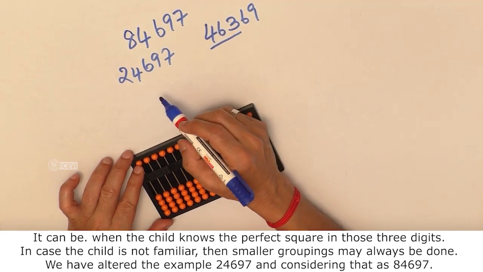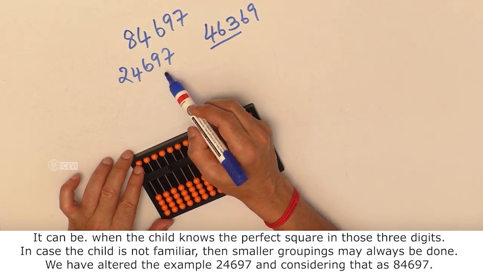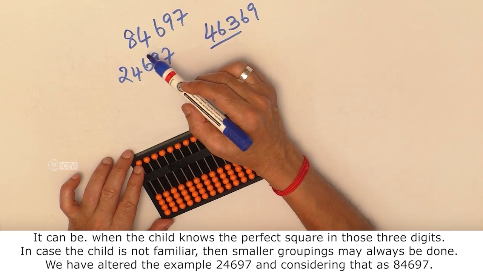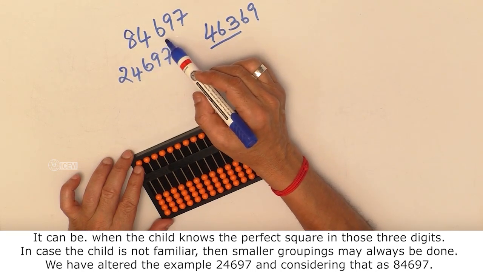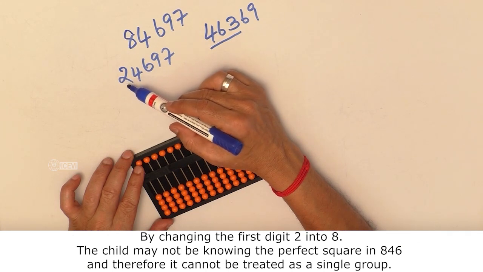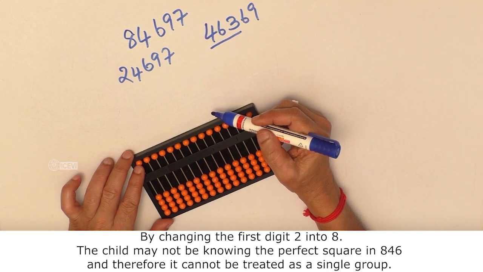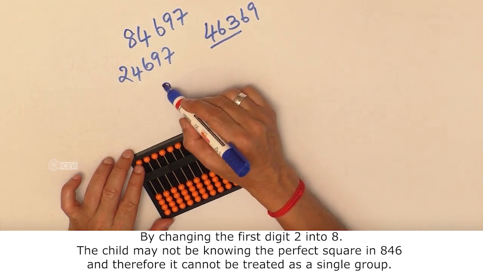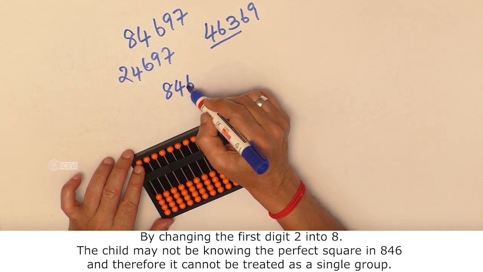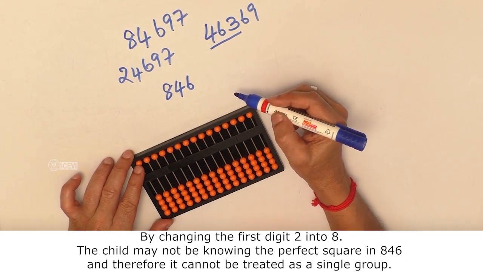We have altered the example 24,697 and are considering 84,697 by changing the first digit 2 into 8. The child may not know the perfect square in 846 and therefore it cannot be treated as a single group.